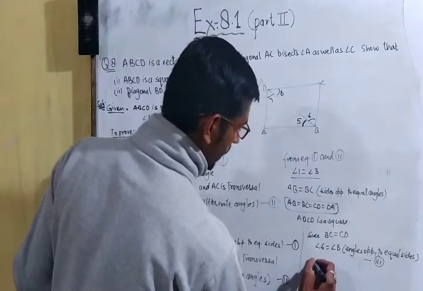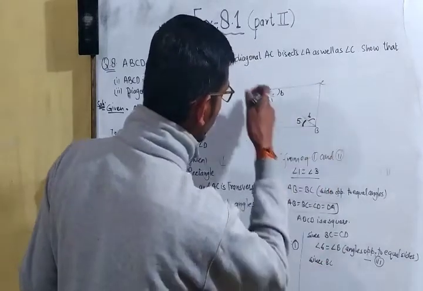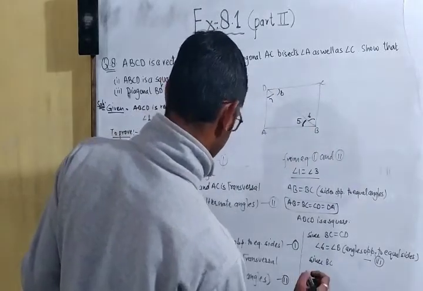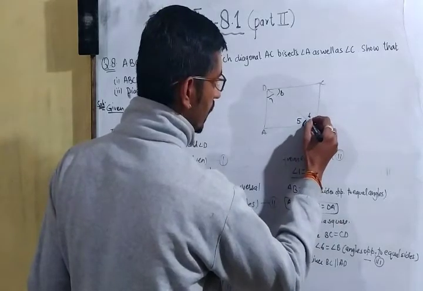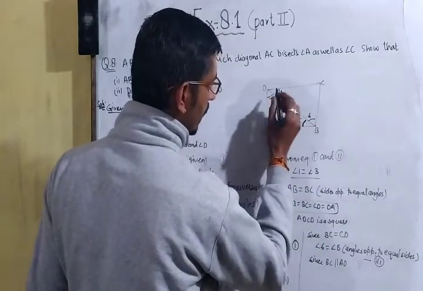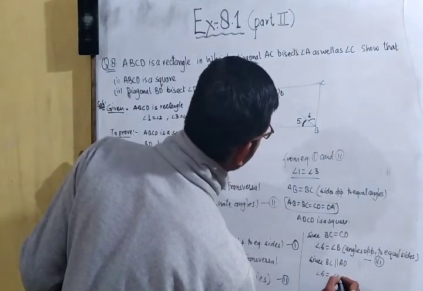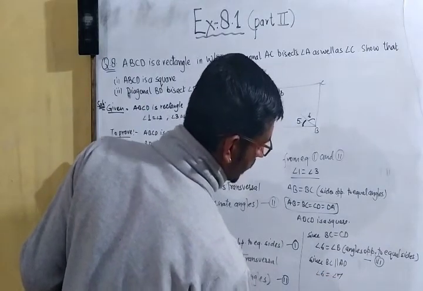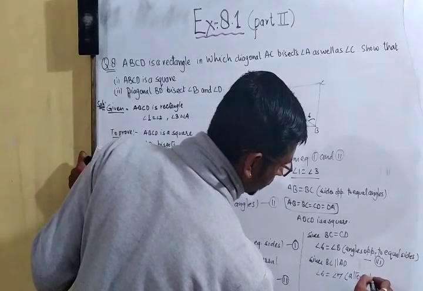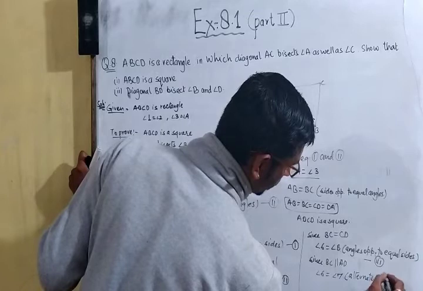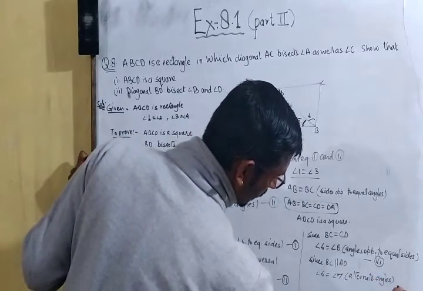Now since BC is parallel to AD, this angle will be equal to this angle. Angle 6 will be equal to angle 7. Why? Alternate angles. So this is equation 4.